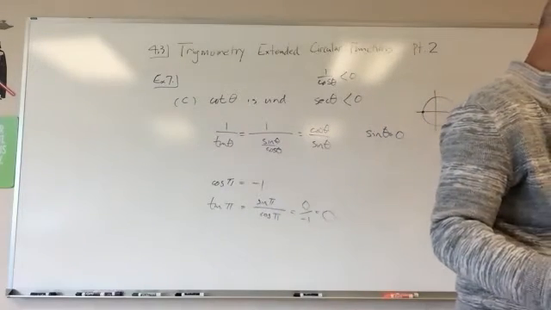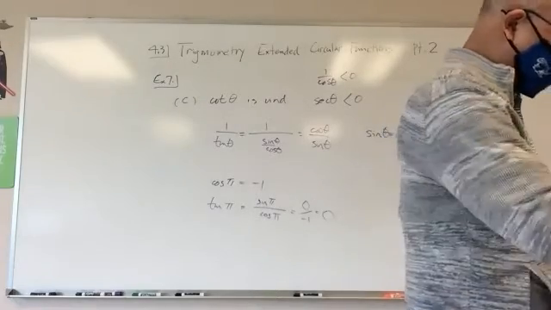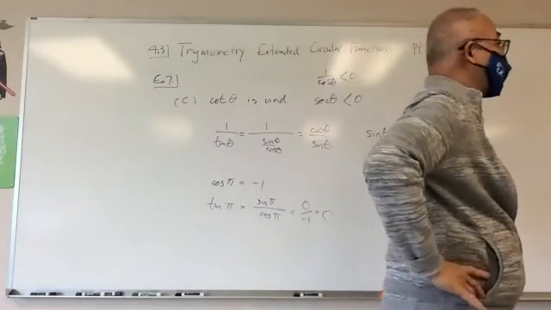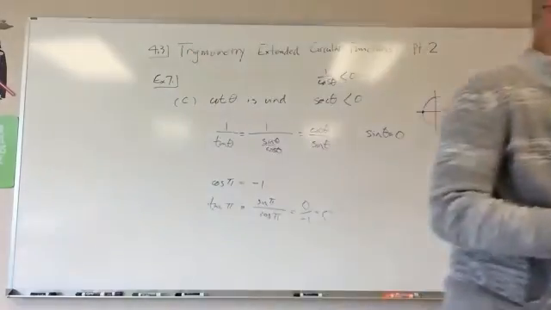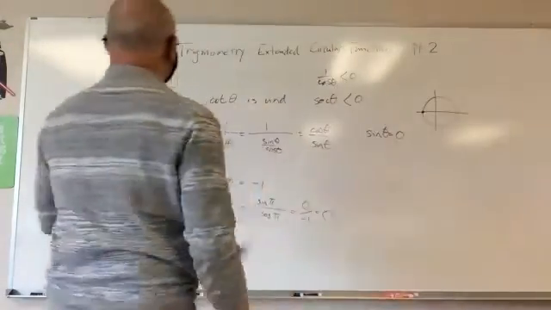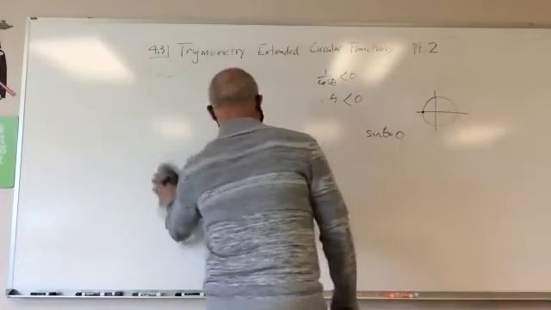Okay, so let's go now to page 344, and we'll talk about the unit circle. The unit circle is where everything comes together, where we actually have a radius of 1, and that is exactly why it is the unit circle.